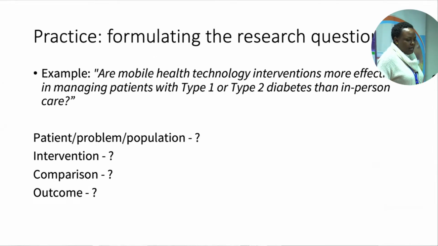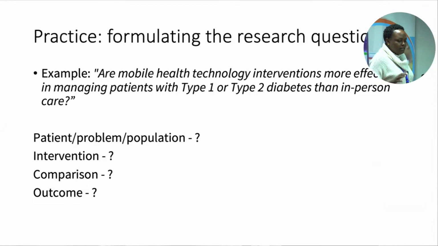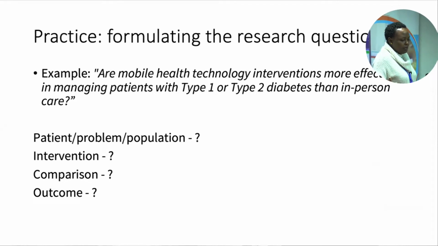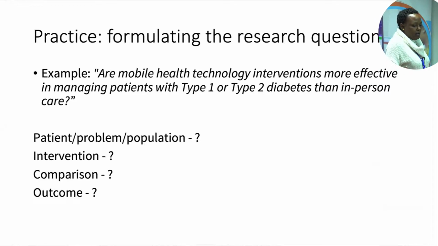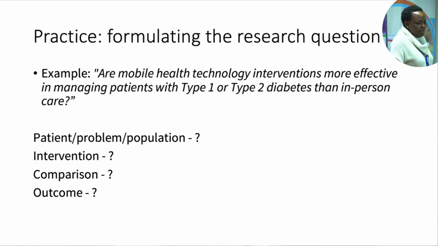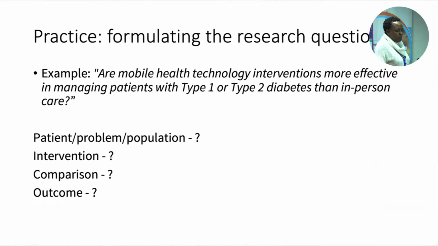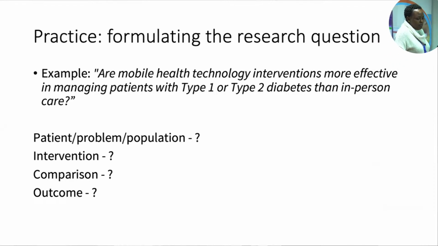So here's an example. Please help me define the PICO for this. I want to know if mobile health technology interventions are more effective in managing patients with type 1 or type 2 diabetes than inpatient care. What is the patient problem or population? Great.